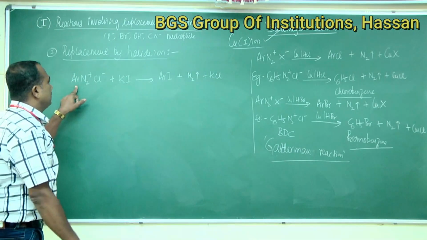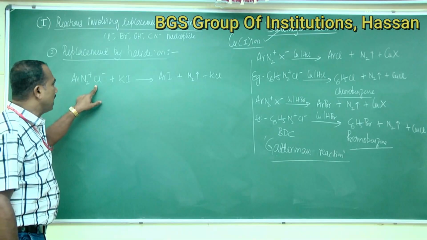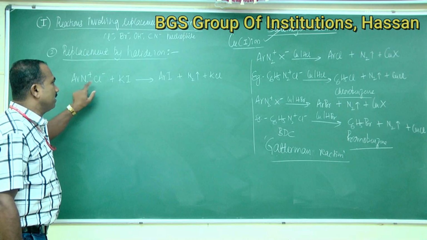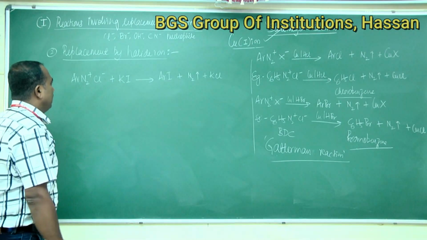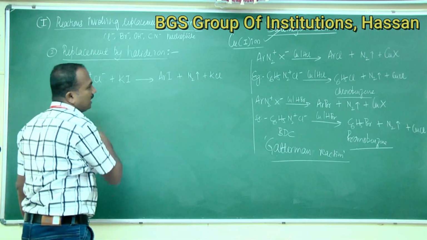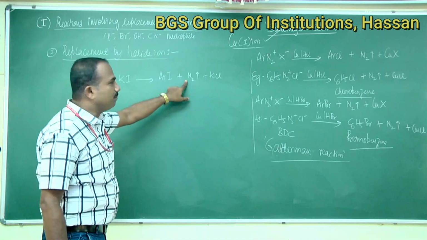Here, the aromatic diazonium chloride is a diazonium salt in which the nitrogen atom is replaced by iodine from potassium iodide. Therefore, the nitrogen escapes as a gas in the products.